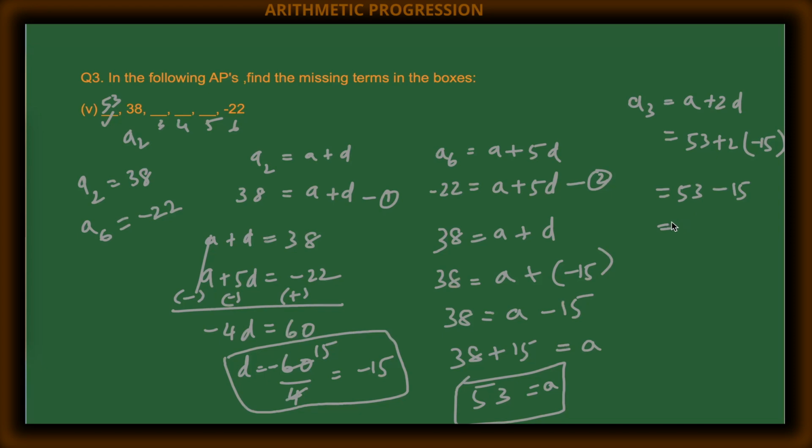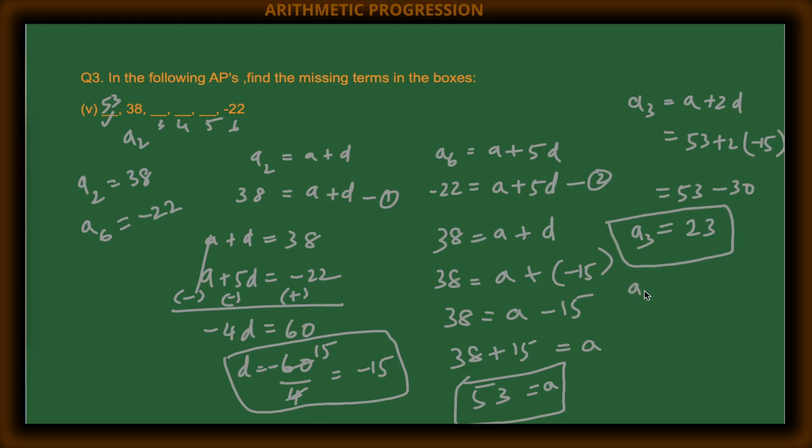Okay, hold on, this is 2, not 1. So 53 minus 2 into 15 becomes 30. So 30, so remainder will be 23. A3 we found it.